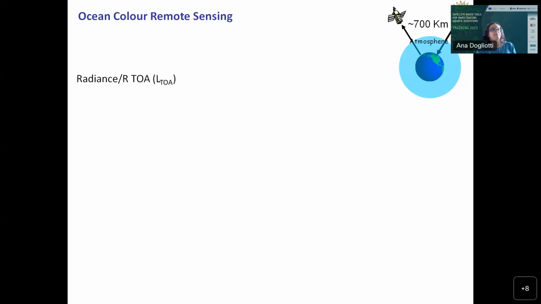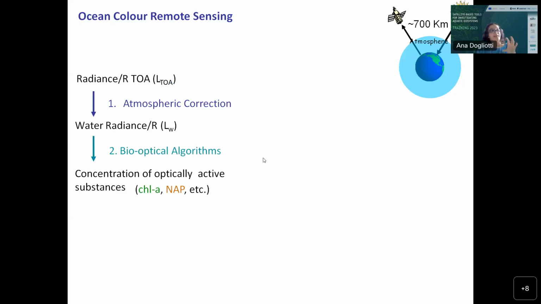So basically, for the ocean color reflectance, we have the radiance or reflectance that arrives to the sensor. We need to apply the atmospheric correction to get the water reflectance or radiance that I mentioned. And then we apply bio-optical algorithms. The idea is to have an equation that gives us the concentration of the optically active substance that we're interested in estimating.